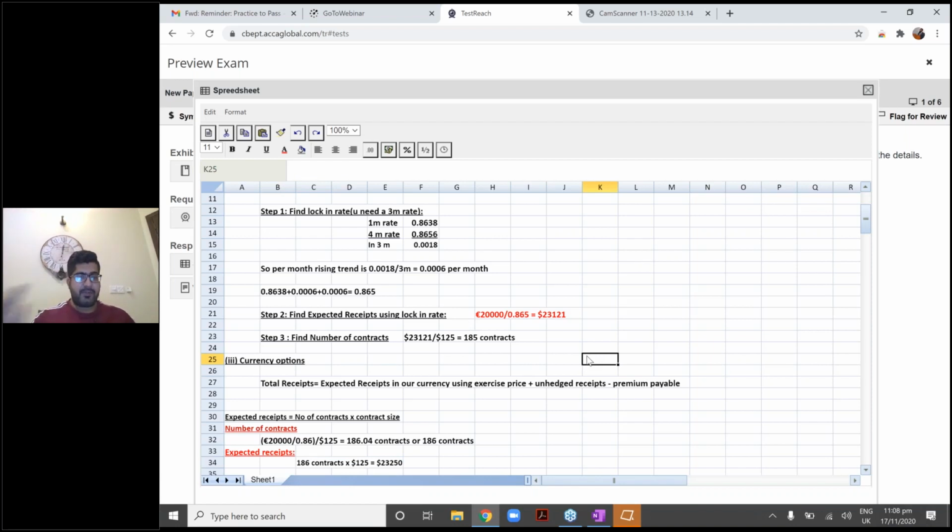So this is the first thing I've calculated. Expected receipts is 23250. The formula of expected receipts was number of contracts into contract size.